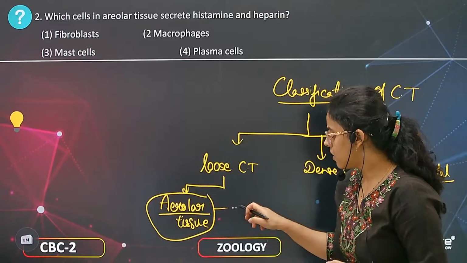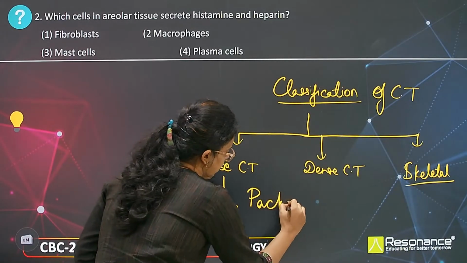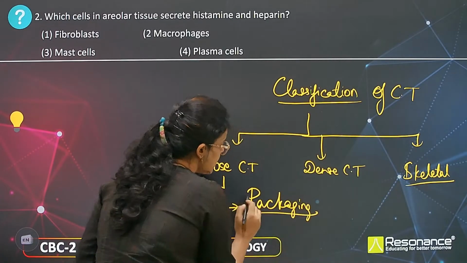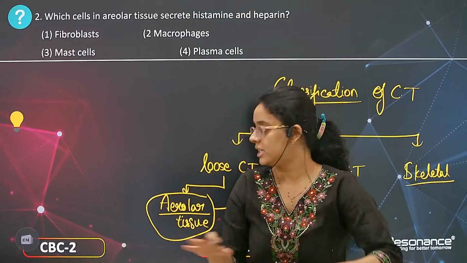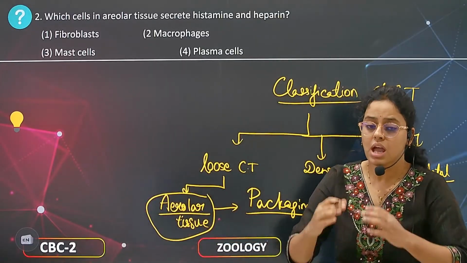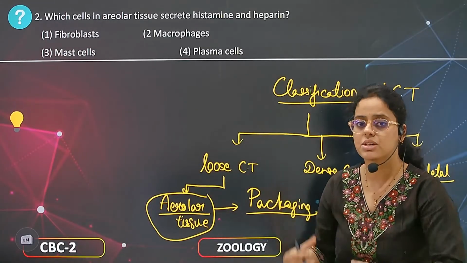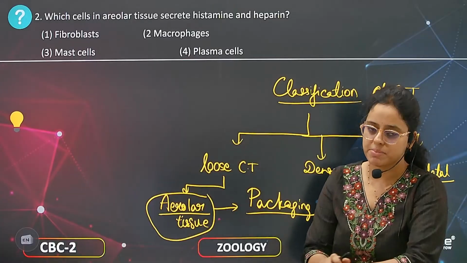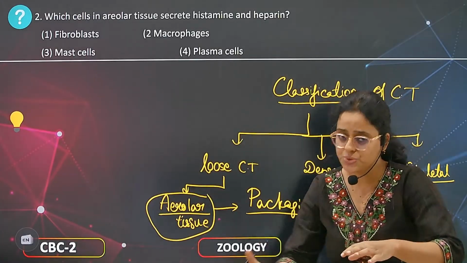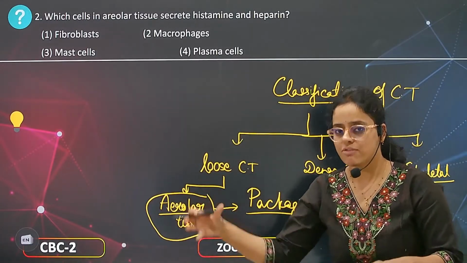So areolar tissue is for packaging. It is forming most of the tissue. Just below the epithelial there is areolar tissue, and then we get to the muscular part, and then come the bones. So this is the arrangement of tissue. The outermost is epithelial, then connective tissue, then muscular tissue wherever required, and then bones.